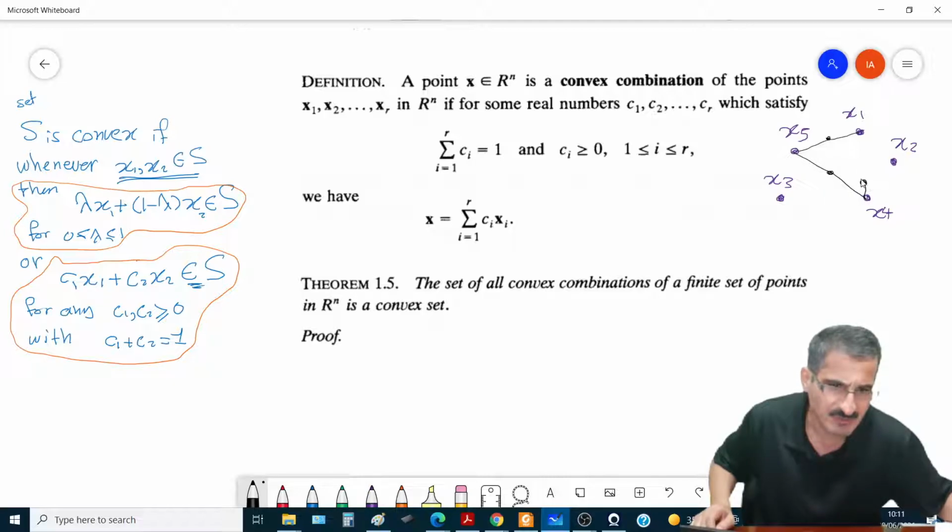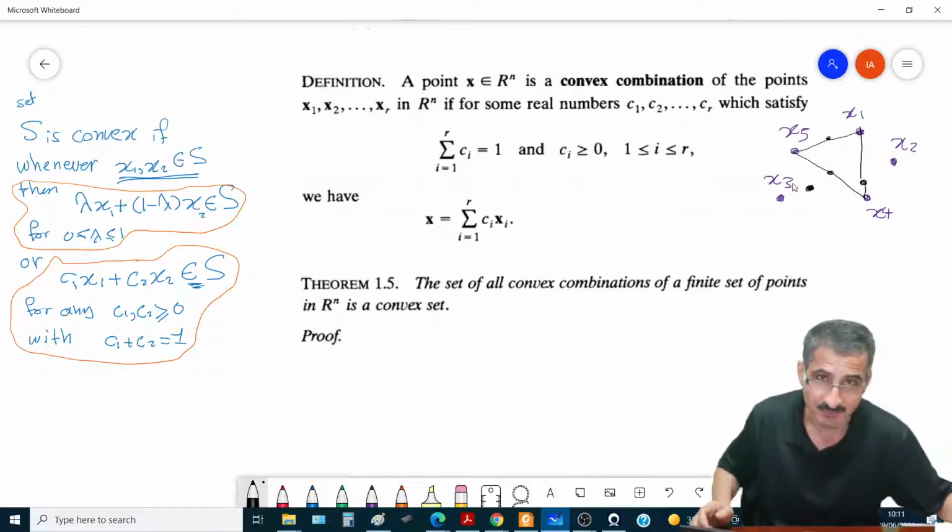It looks like it is. Let me choose another point like this one here.